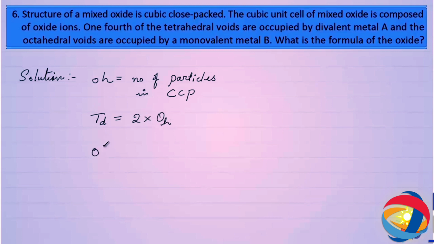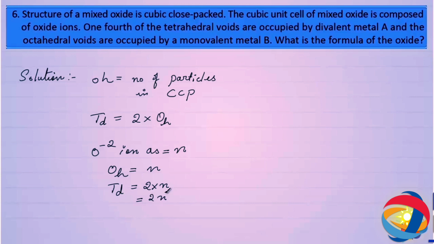Now, let us consider the number of oxide ions in close packing as n. Then, the number of octahedral voids will be n. Similarly, the number of tetrahedral voids will be 2 into n, which is equal to 2n.